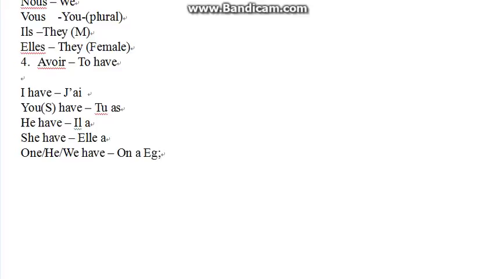For example, what I mean by one, I don't mean it by posh English, like one can do this. No. In French, when they say one, it kind of means we or everyone.